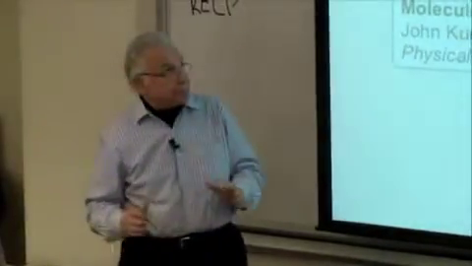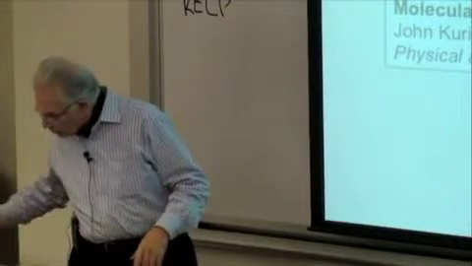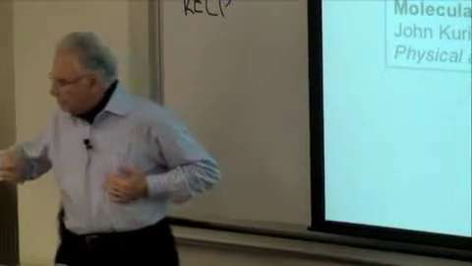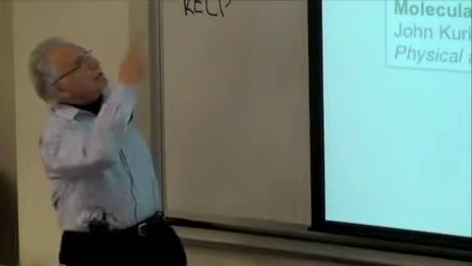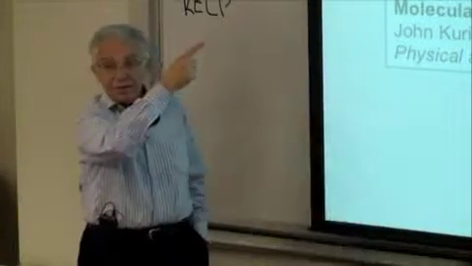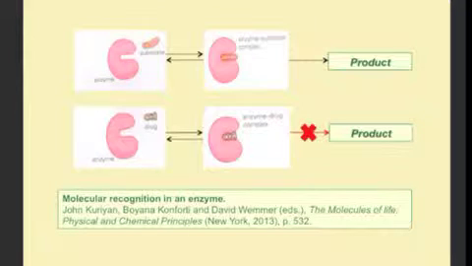Here we are. So you see here what the enzyme is, and it has a particular place for the substrate to fit in. And the substrate could be another molecule that's present in the body.